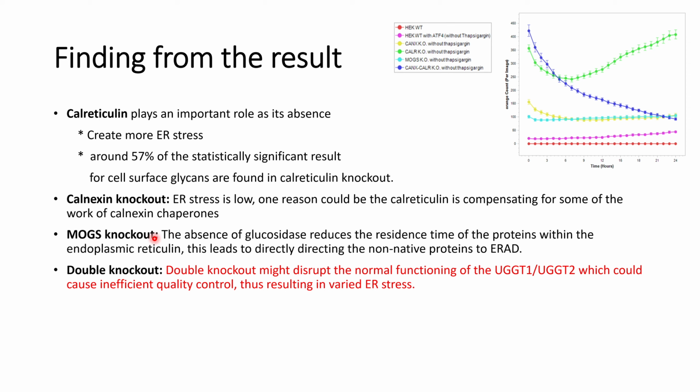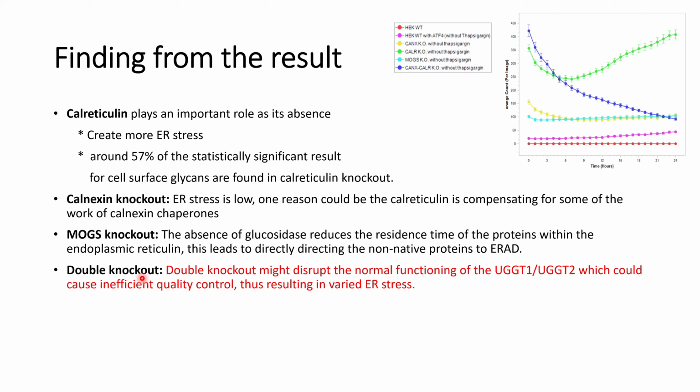In this case, the argument could be that since there is no glucosidase 1, there is no trimming of the triglucosylated glycan structure, because glucosidase 1 starts the trimming with the first glucose present in the glycan structure.